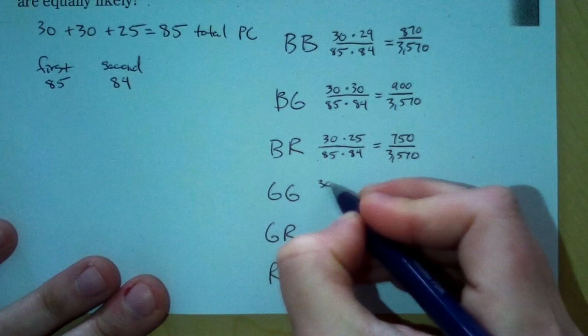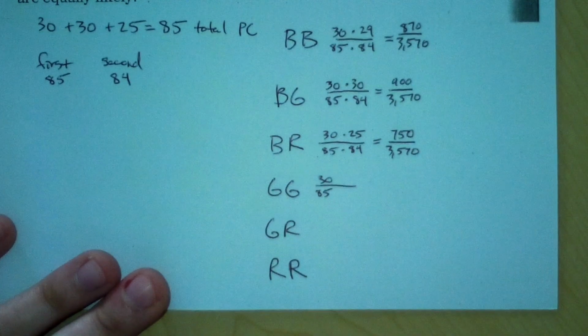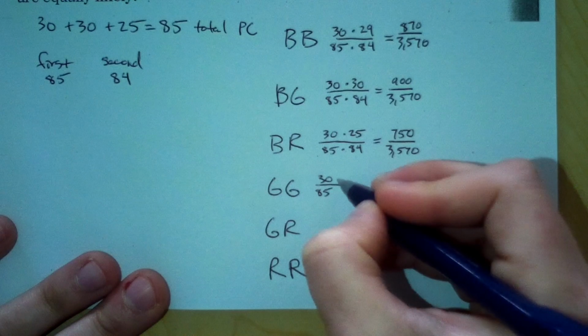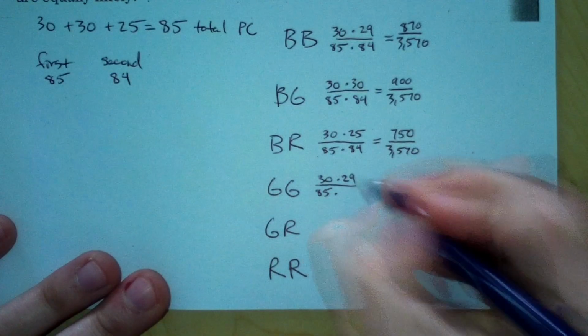There's one more here. What's the other one? Yeah, blue, blue, and green, green, right? So that one and that one would also be equally likely. So you could just write that off to the side too. So like blue, blue, and green, green are equally likely.